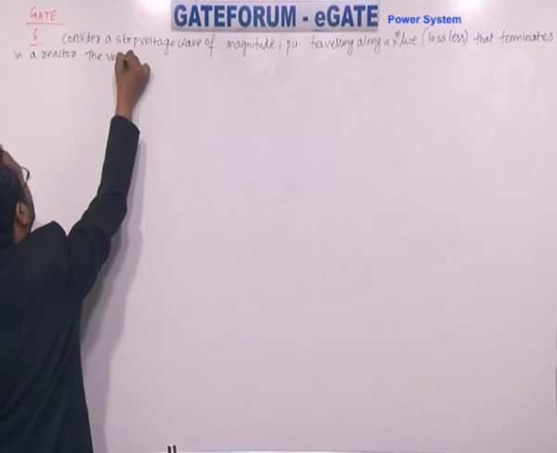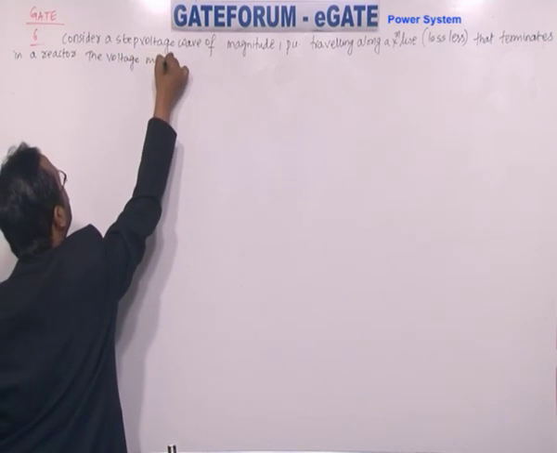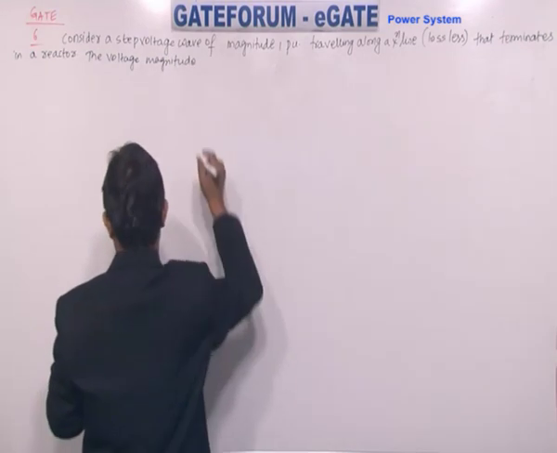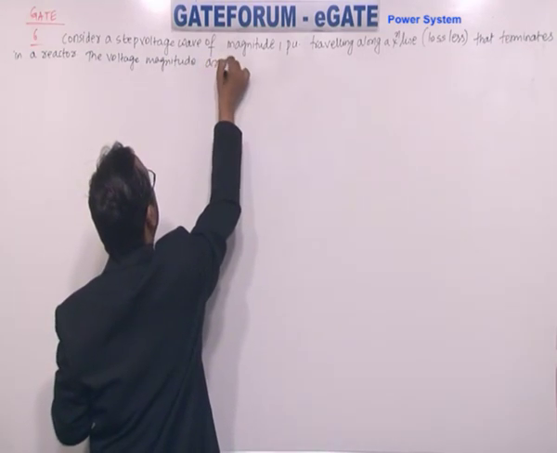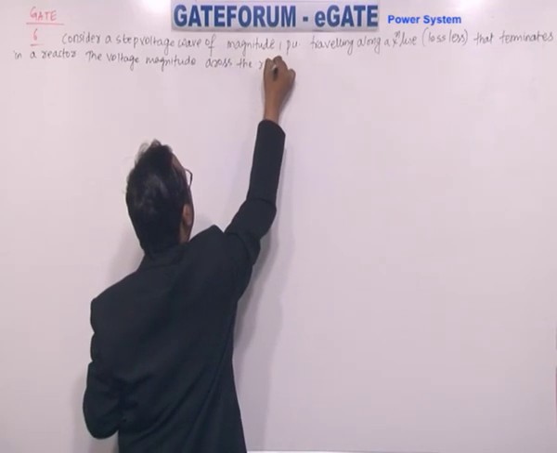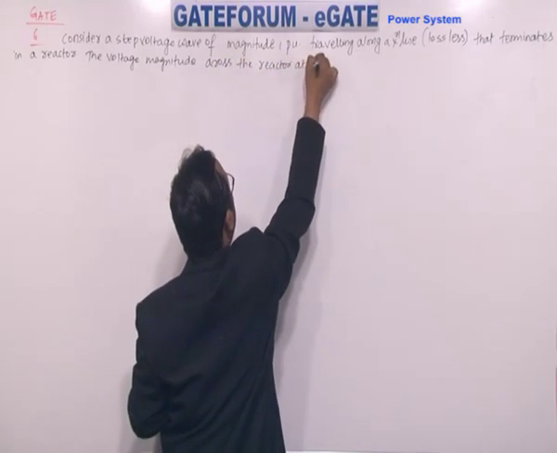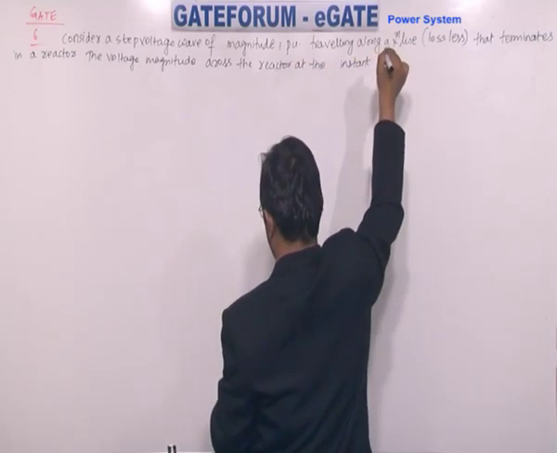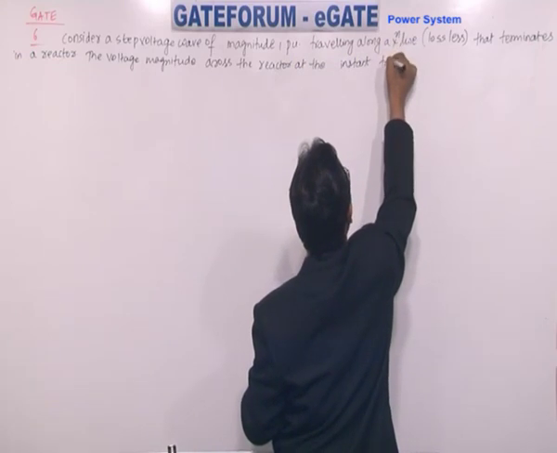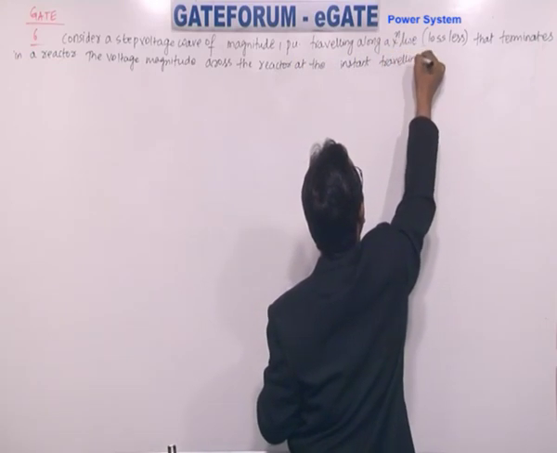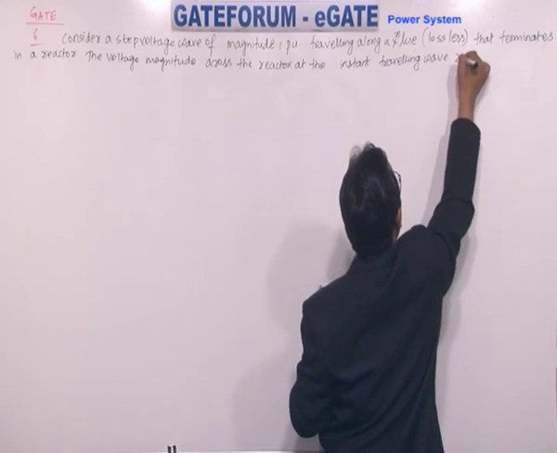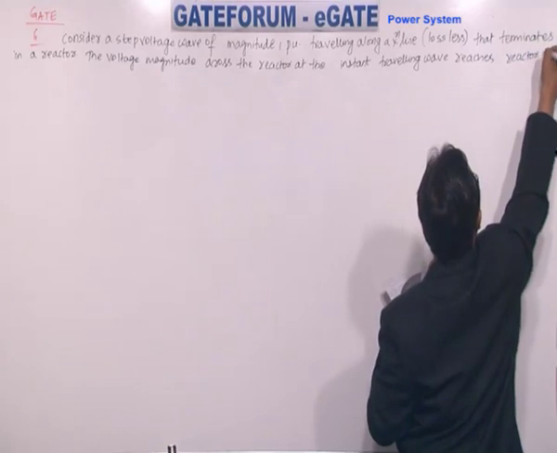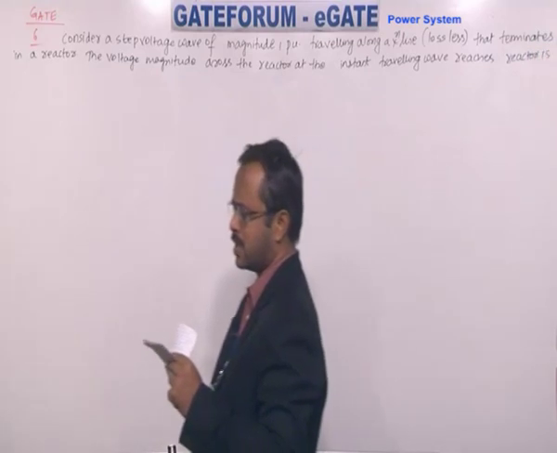The voltage magnitude across the reactor at the instant the traveling wave reaches the reactor is.